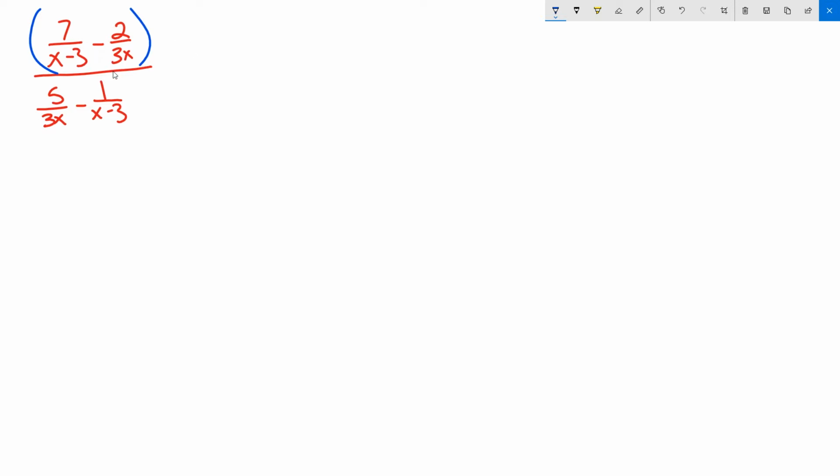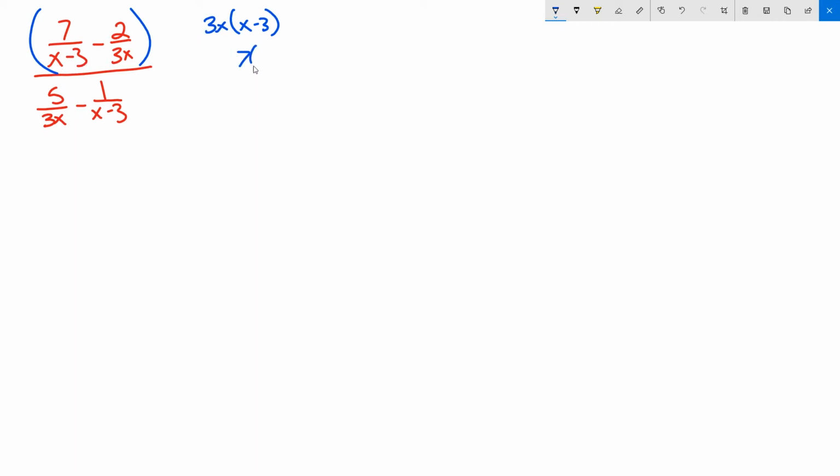So when we're simplifying, we know that with addition and subtraction we need to make sure that we have a common denominator at the bottom. So we need to see what our common denominator is. Well, there's really not much that we can do here, especially with the x's. So I think our common denominator is just going to be 3x(x minus 3). Okay, so we need to look here at the 7. For x minus 3, we need to multiply by 3x to make that denominator work.